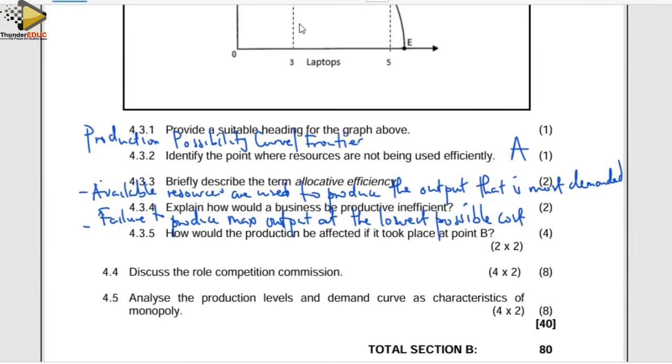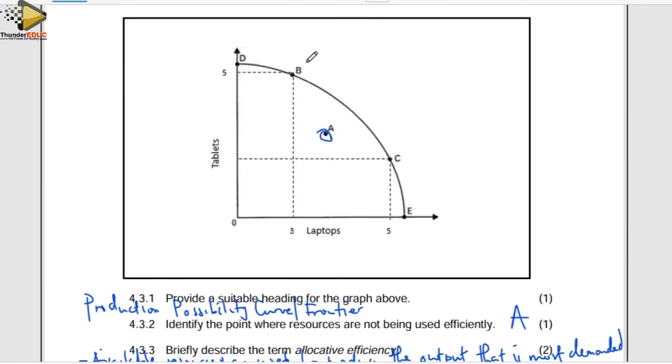Right. Let's look at question 4.3.5. How would the production be affected if it took place at point B? Let's look at point B. We are looking at a point where we have 3 laptops and 5 tablets.